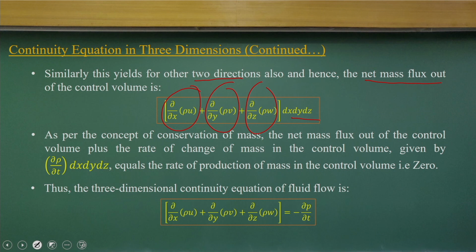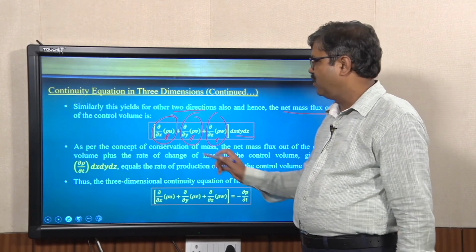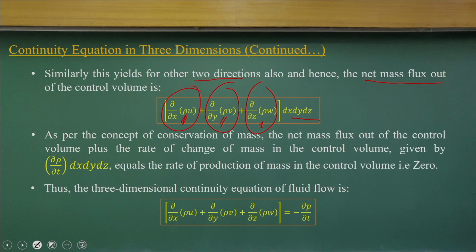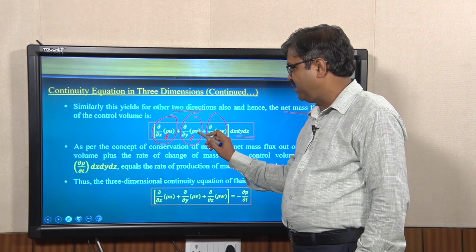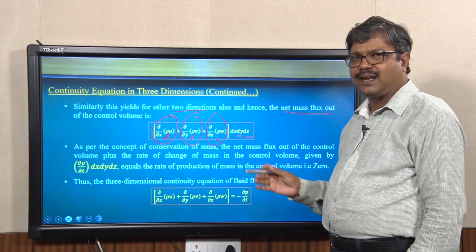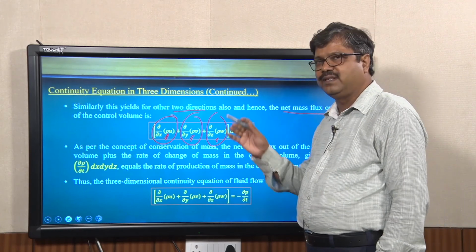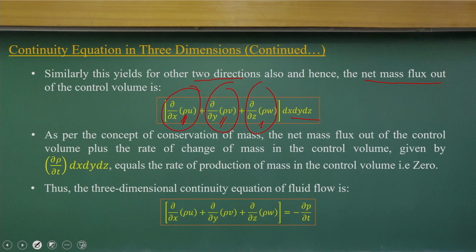This indicates the net mass flux in the x, y and z directions as a function of rho and u. Rho is the density, u is the scalar velocity component in the x direction. Similarly, rho v is for the y direction, and rho w for the z direction. So we get the net mass flux out of the control volume.